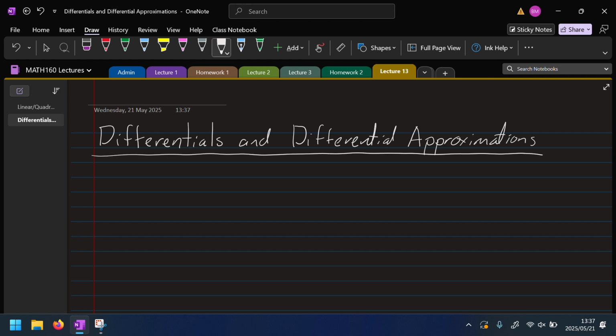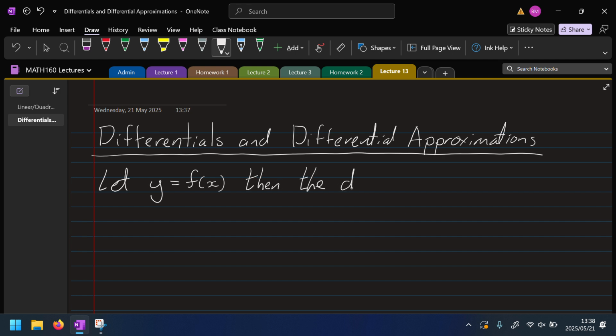Firstly, what is a differential? We've seen a bit of differentials before. Let y be some differentiable function f of x.